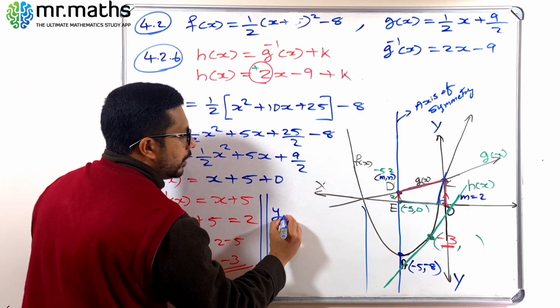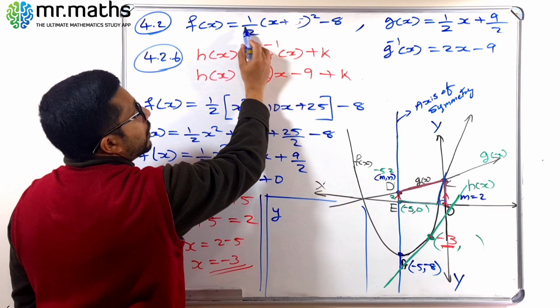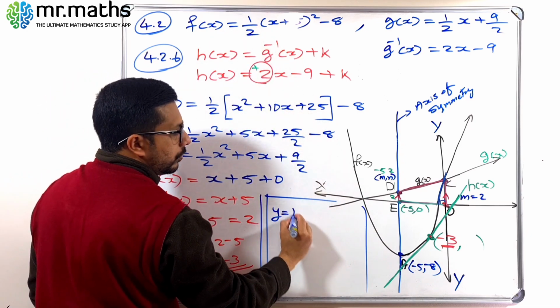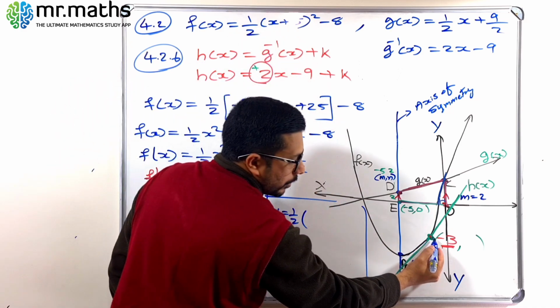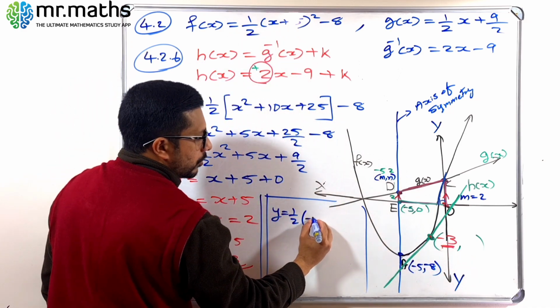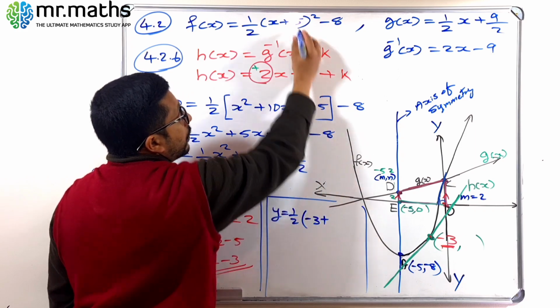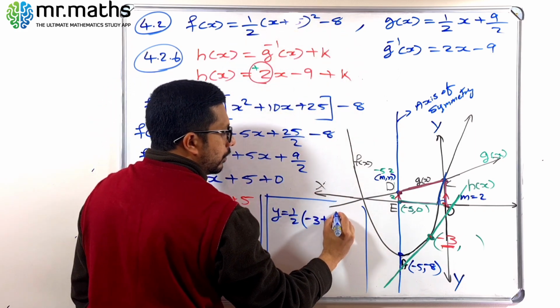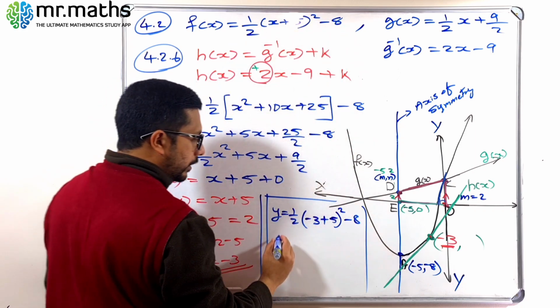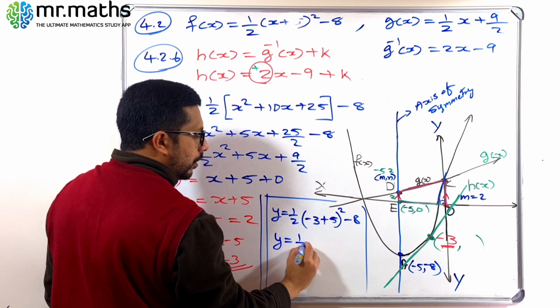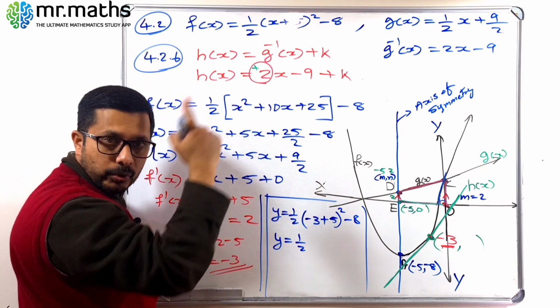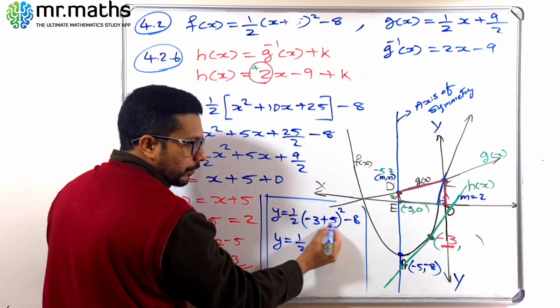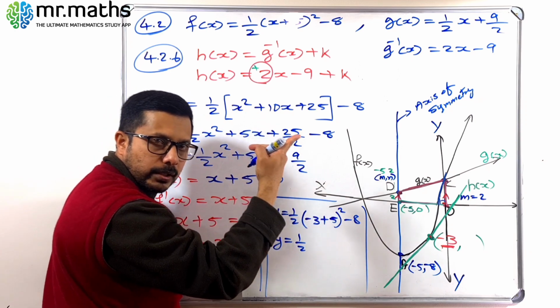So y is equal to half into, at that particular touching point x value is minus 3, so minus 3 plus 5 the whole square minus 8. So y is equal to half into minus 3 plus 5 is 2, 2 squared is 4.